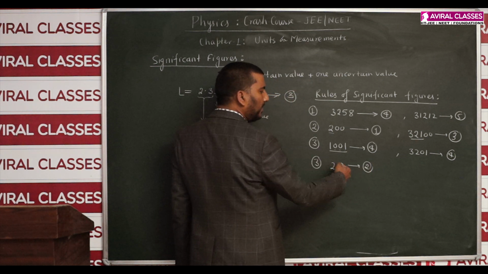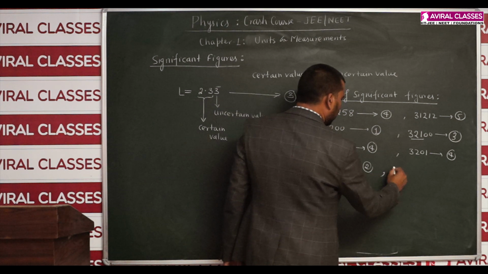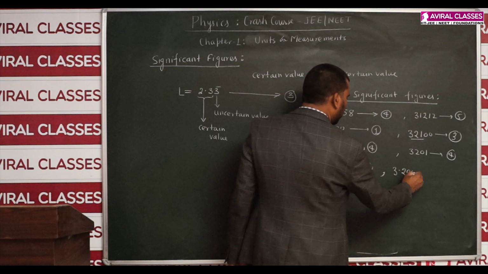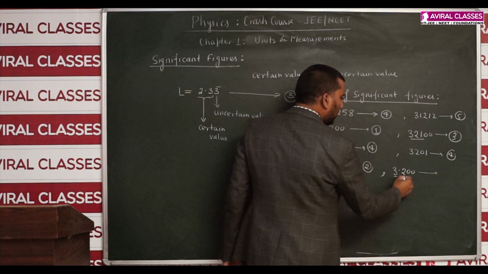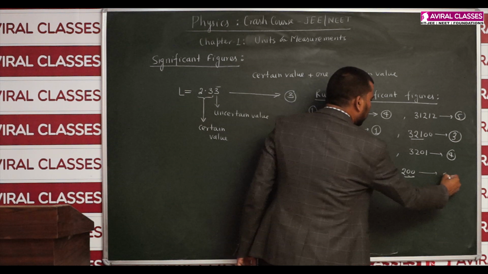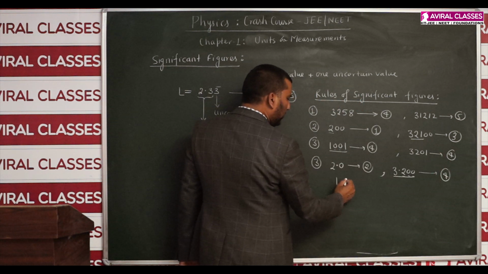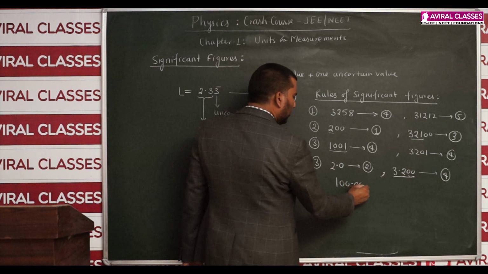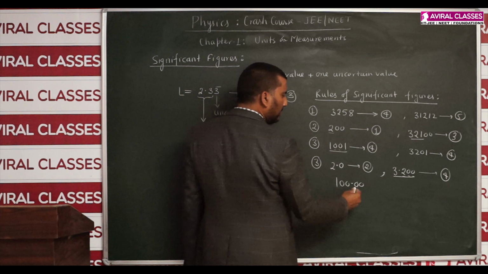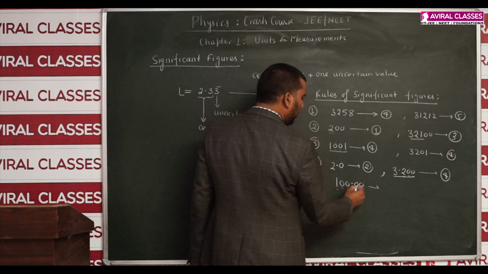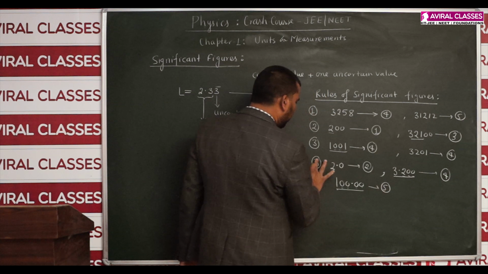Then zeros after the decimal are considered significant figures. Another example, 3.200. How many significant figures? 1, 2, 3, 4. 4 significant figures. One more example, 100.00. Now this one has non-zero digits, so there are 1, 2, 3, 4, 5. 5 significant figures.